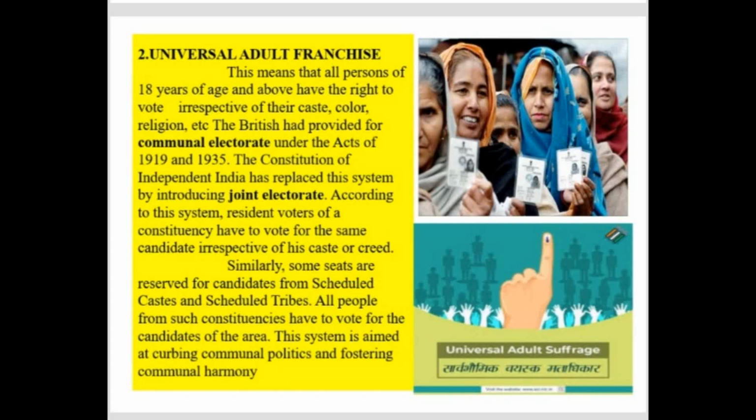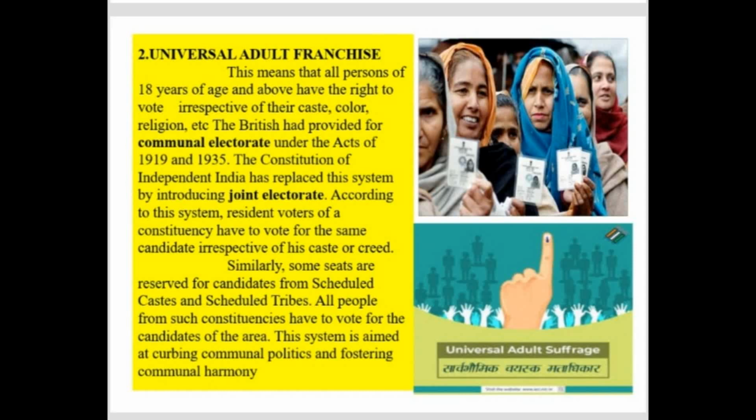So we are now discussing the salient features of the Constitution related to the citizens of this country. We have already discussed how the Constitution has given single citizenship in this country, and now, proceeding towards the other salient features related to citizens, universal adult franchise is another feature.